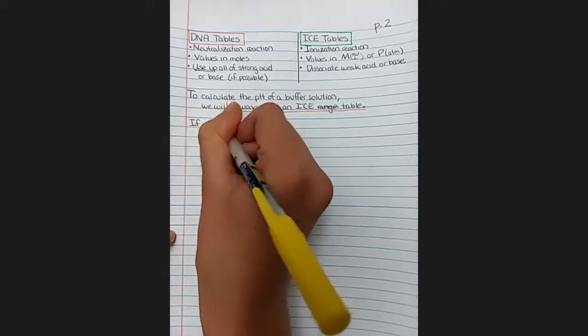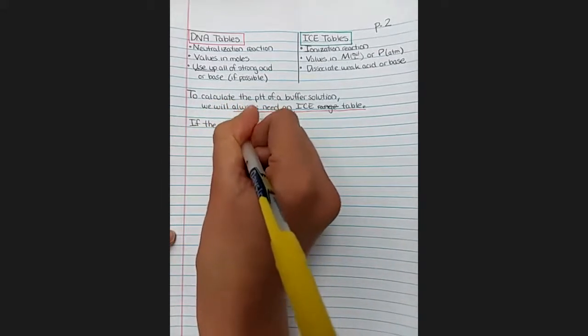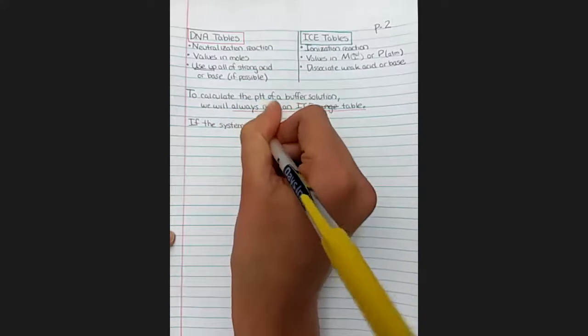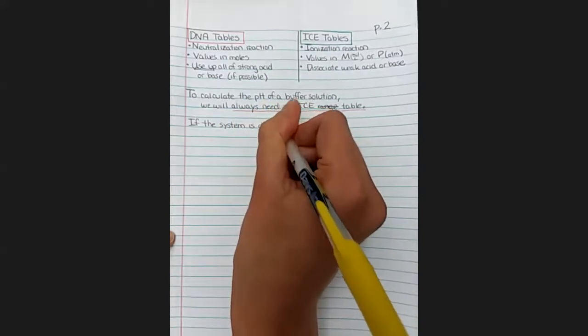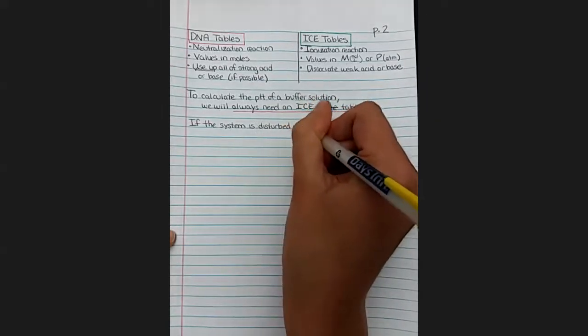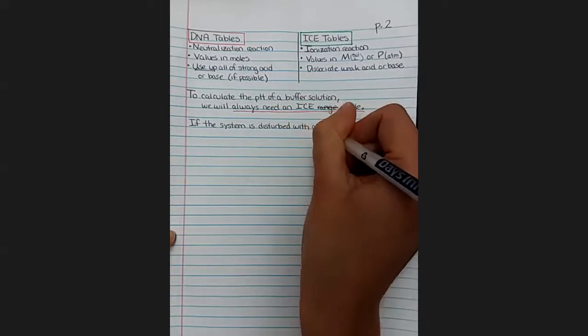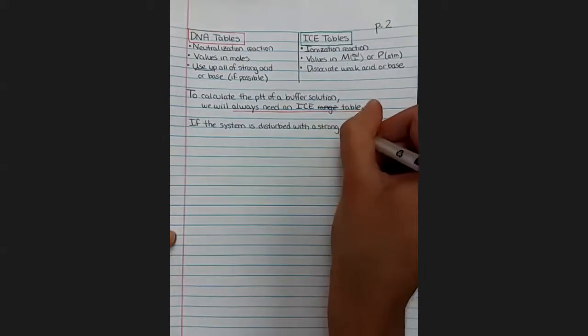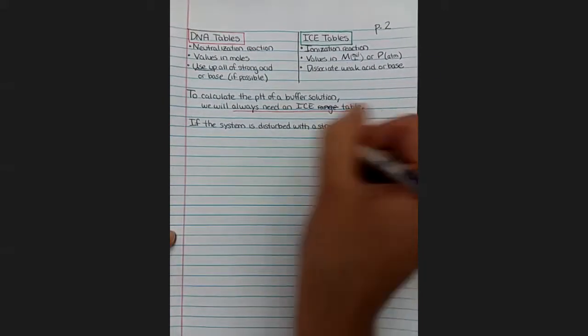Additionally, if the system is disturbed, we added that supervillain, we added a strong acid or base to it. Disturbed with a strong acid or strong base.